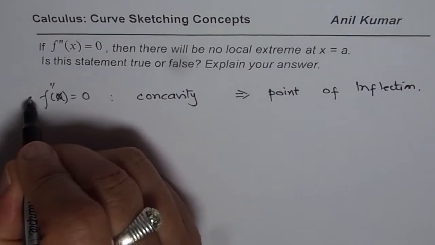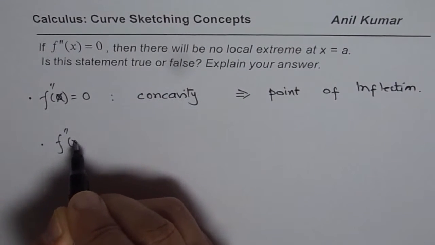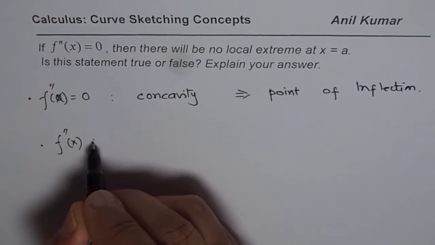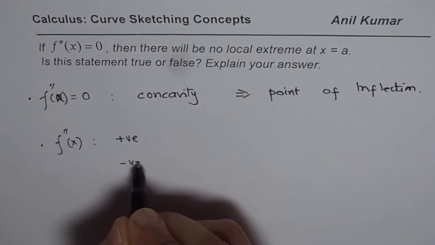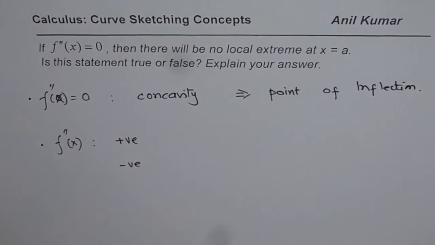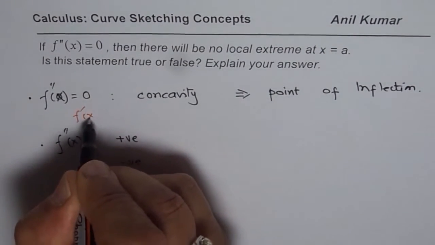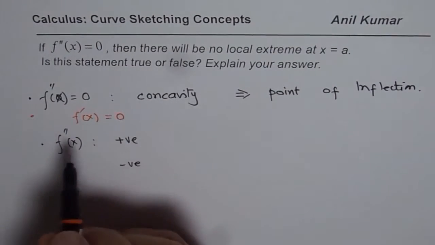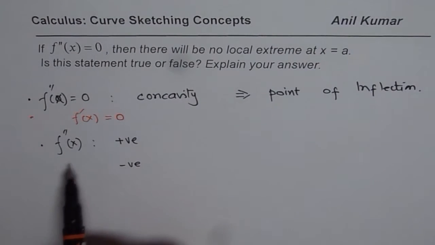Now, this is one way. The second time when we use the second derivative, we are not checking for 0. We are checking whether second derivative is positive or negative, right? And we combine that with the information that the first derivative is 0. So if the first derivative is 0, then to confirm a local minimum or maximum, we look at the second derivative.